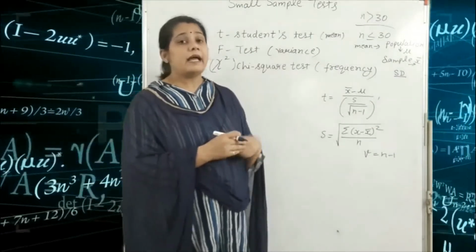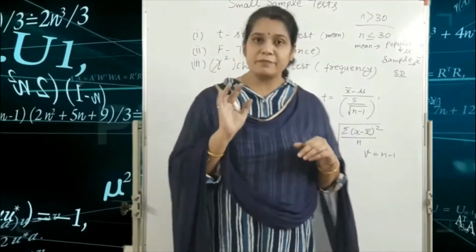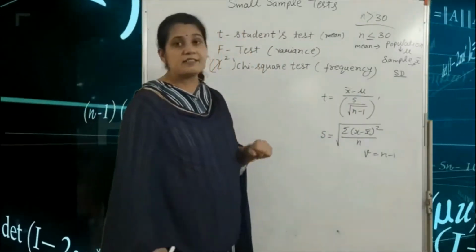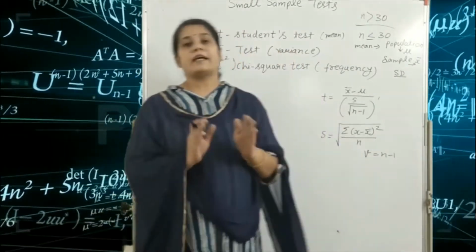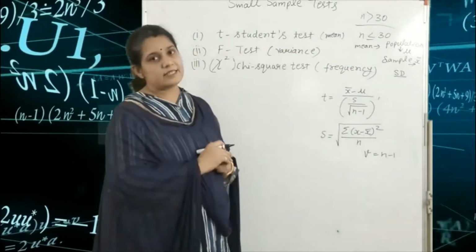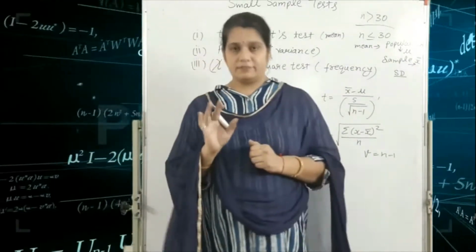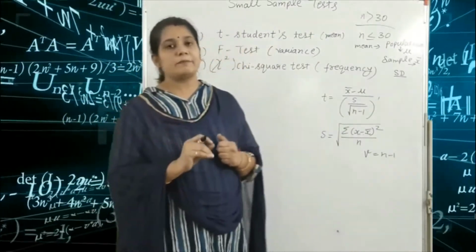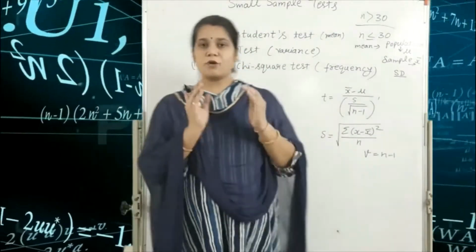These values relate to the degree of freedom. For the T student test, the degree of freedom v is equal to n minus 1. For example, if n is equal to 11 is given in your question, this is a small sample.